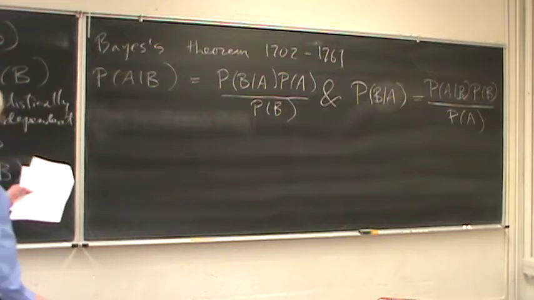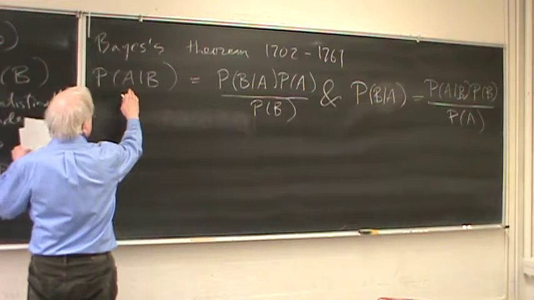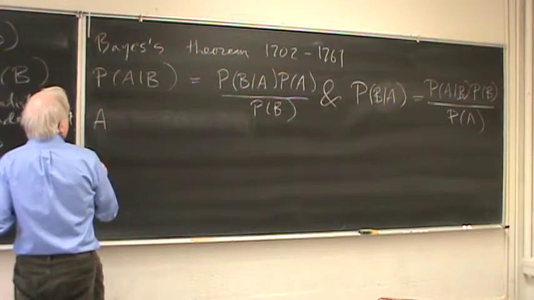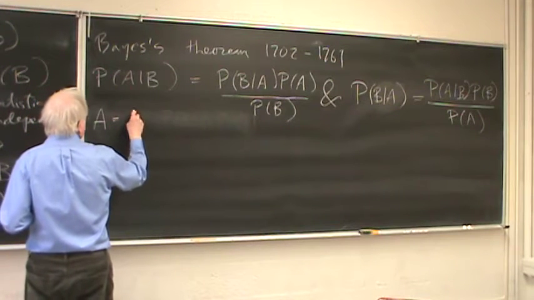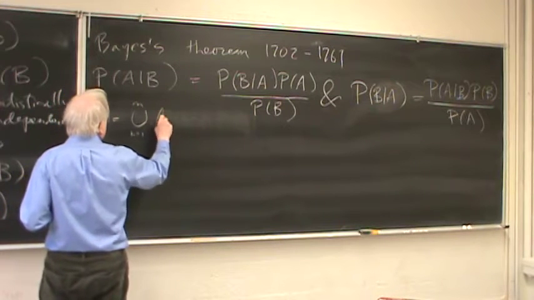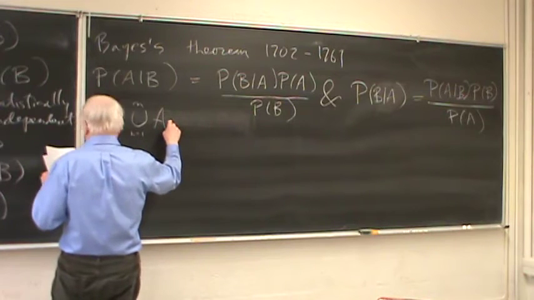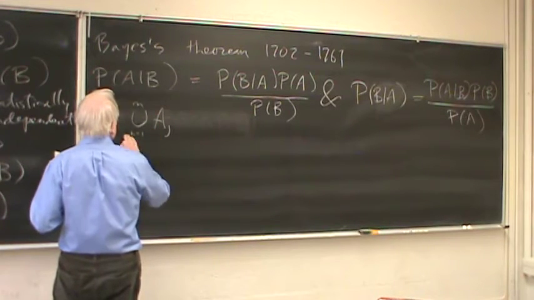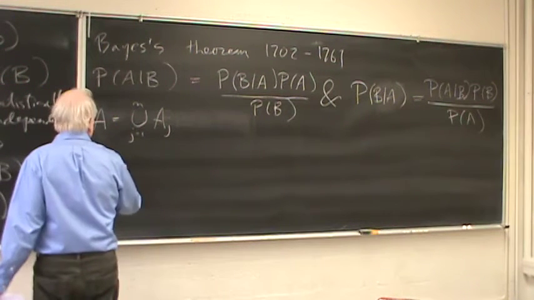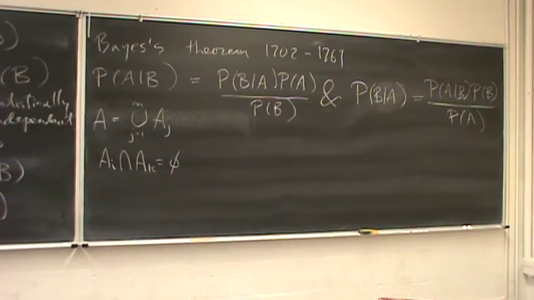What instead I want to do is take this relation for the case in which A is a union, K equals 1 to N, of A sub J, and that A sub I intersection A sub K is the null set.